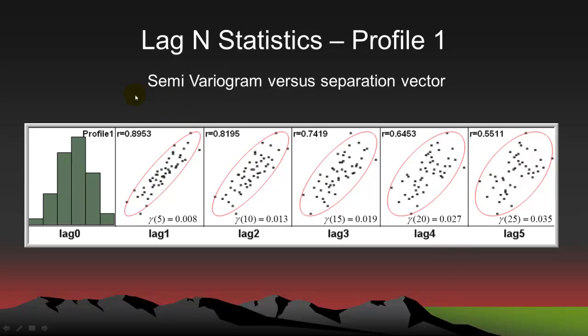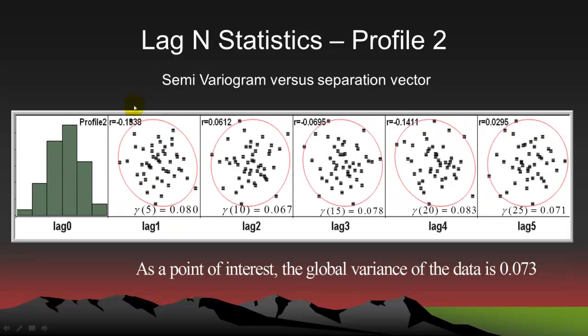So let's look at the variogram values for profile 2. And again, in the bottom here, I have plotted the values calculated at lag 1, lag 2, and so on. So we have 0.080, 0.067, 0.078, 0.083, 0.071. A couple things to notice. Whereas the correlation coefficient could be negative, the semi-variogram value can never be negative, because remember we're squaring things, which gets rid of all negative values.